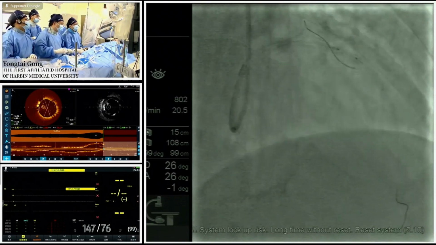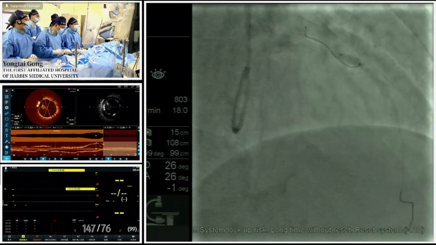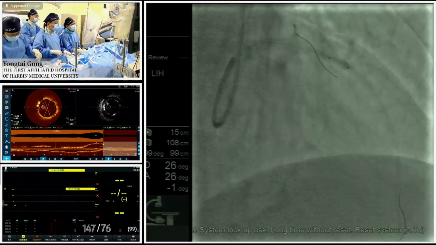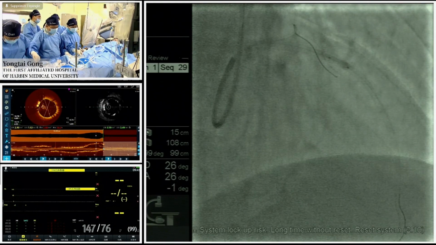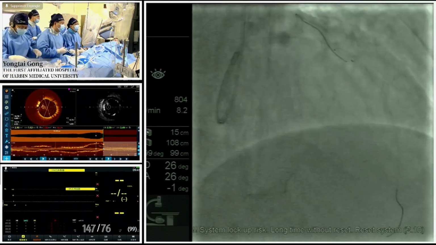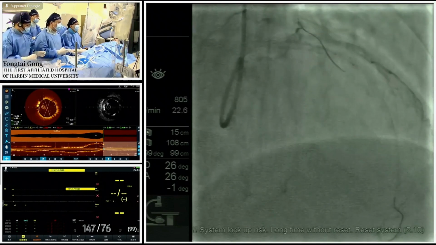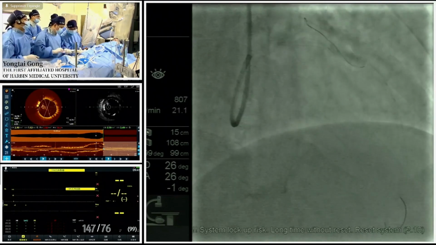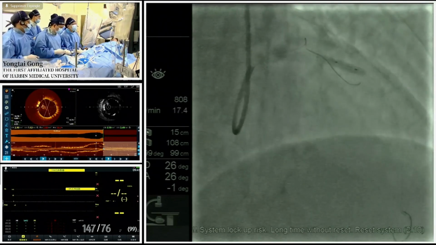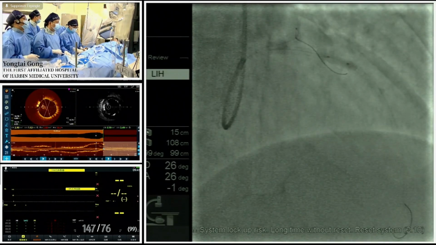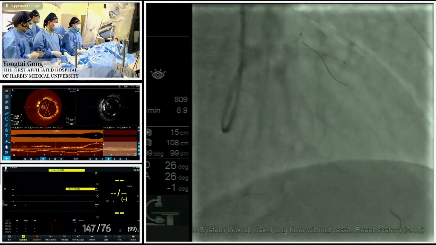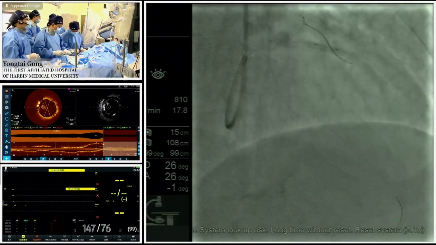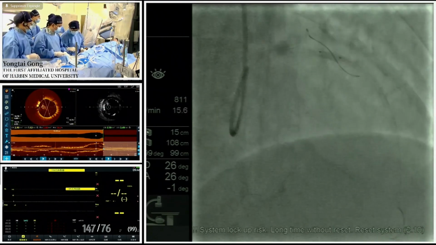So he first used a relatively smaller NC balloon at the LCX proximal and post-dilated, and then tried to deliver the NC balloon to the LCX distal. That significantly enhances the pushability of the NC balloon. So first we use a small balloon to dilate the strut cell, and after that, if the strut cell is large enough, we can deliver the balloon we want.